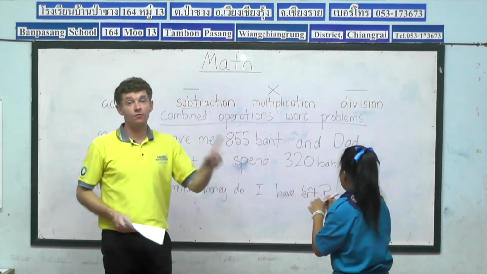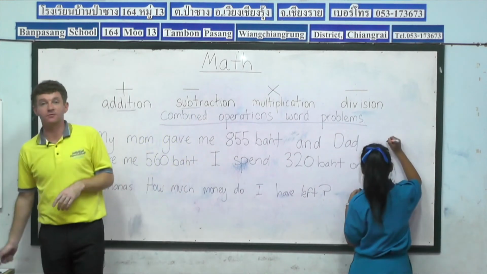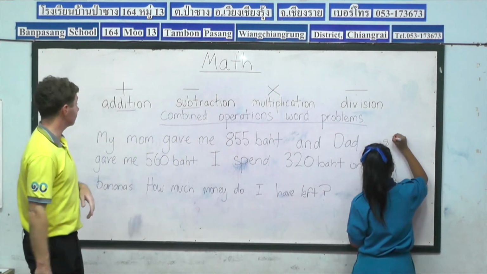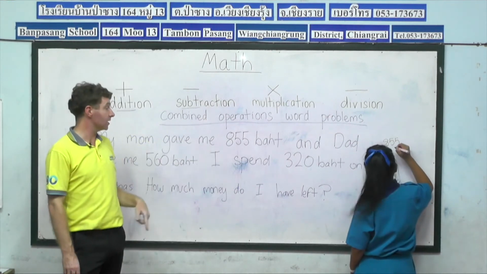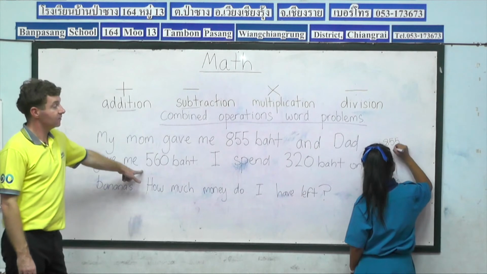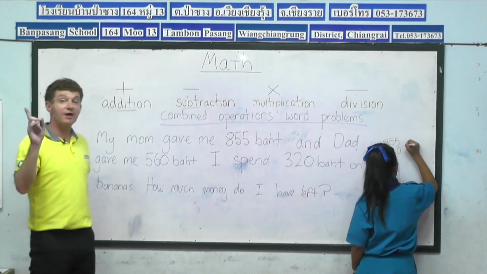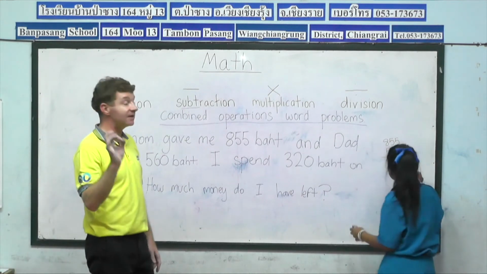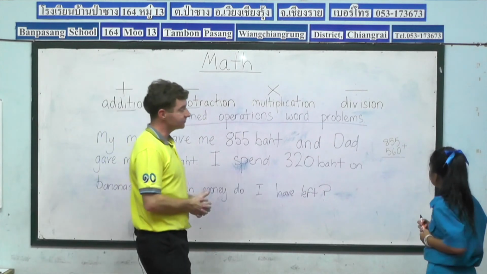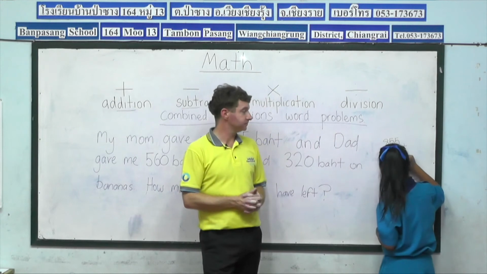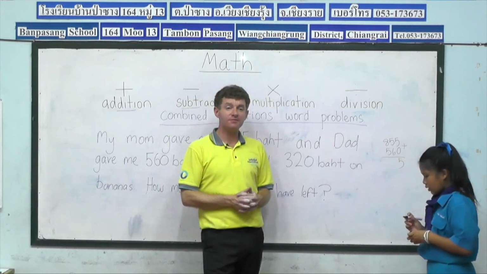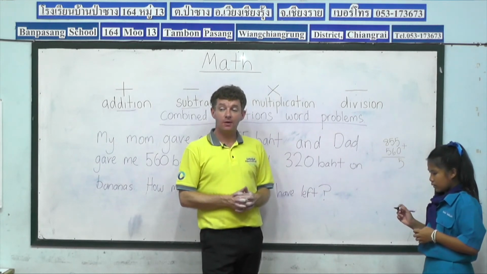So what we need to do first is let's identify the numbers that we need to calculate. And the first number, 855 plus 560. So the first part of the combined operation is addition. So guys, 5 plus 0 equals 5. 6 plus 5 equals 11.